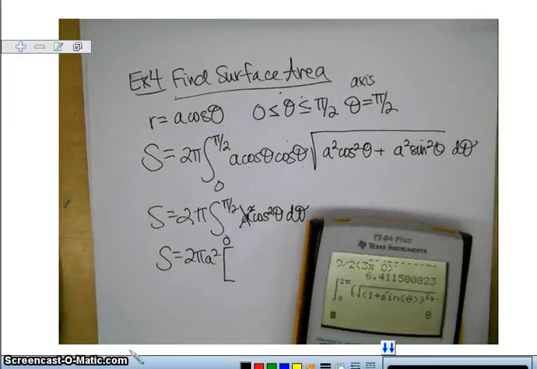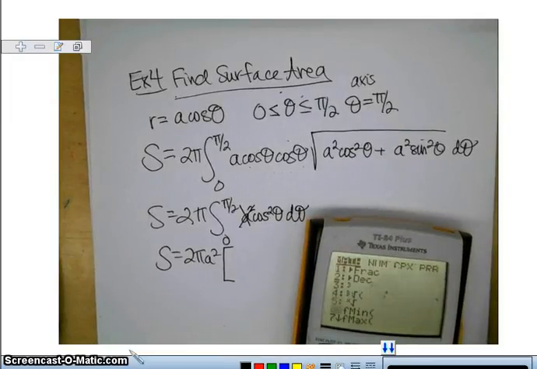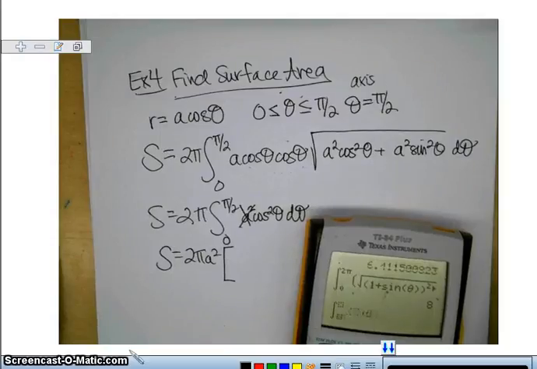Okay. Math, integrate 0 to pi divided by 2 of cosine theta, whoops. It's pi. Everybody.